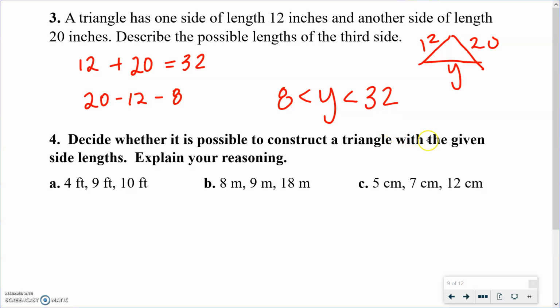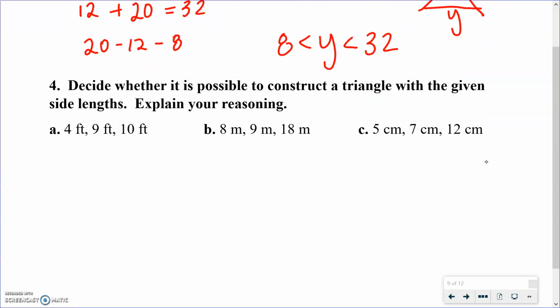All right, so then we can also use that to decide if these are reasonable lengths for side lengths of a triangle. So what we want to do is add all the combinations of the two sides together: 4 plus 9, 9 plus 10, and 10 plus 4. And what it equals needs to be greater than the side that's left.